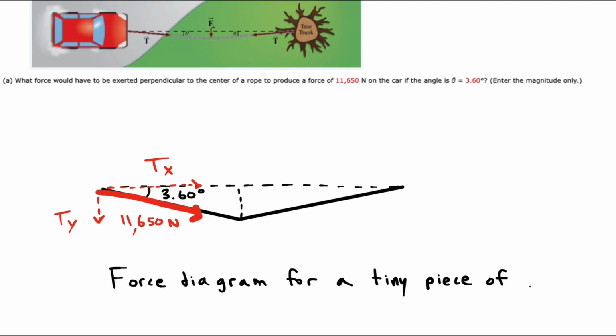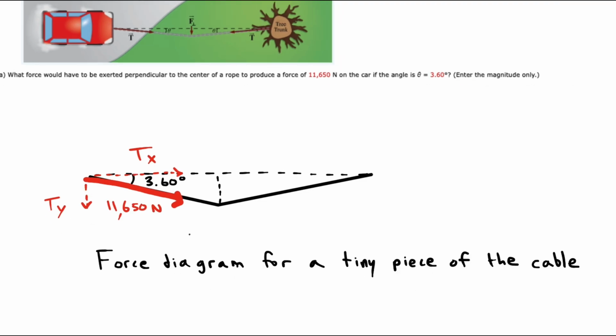However, I might use a different approach, which is to make a force diagram for a tiny piece of the cable. I think it could get kind of confusing doing it the other way, but it might be a lot less confusing if you find a point in the cable that you want to analyze, call it point P, and just draw the forces that would act on that cable.